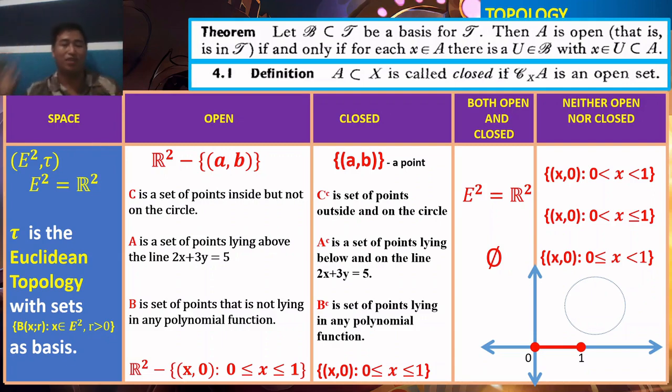Then, kung parabola pod ang graph, so, open ang nasa sulod sa parabola, open pod ang nasa gawas. Kung sila tanan imong i-set, kato na mga points tanan automatic. Okay, so yung complement kay kanina yan. B complement is the set of points lying in any polynomial function.